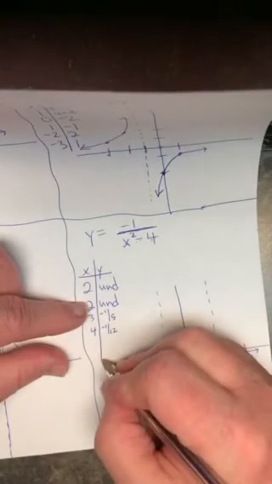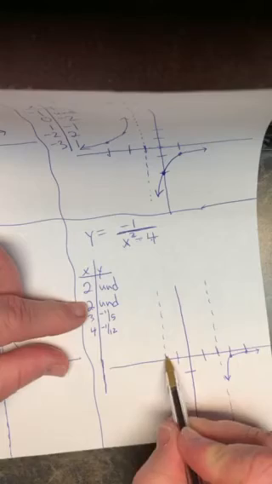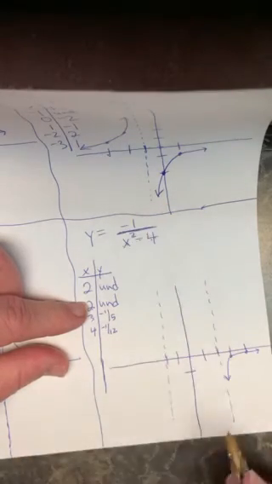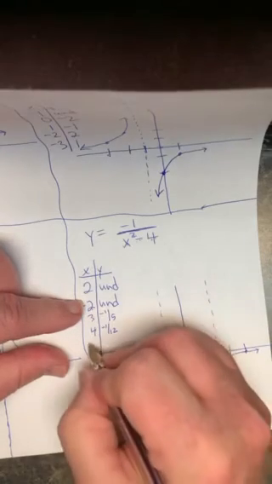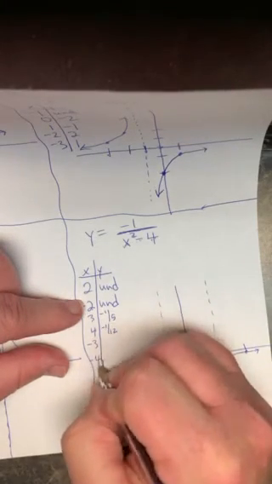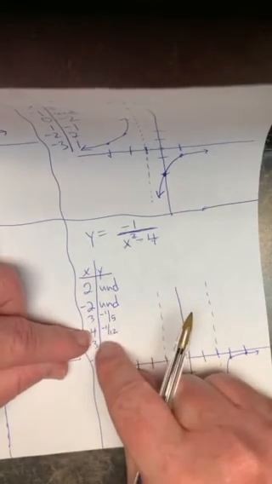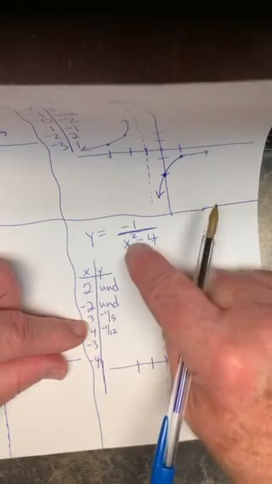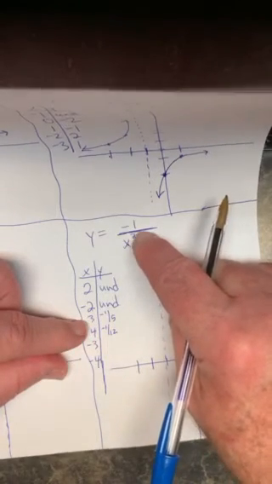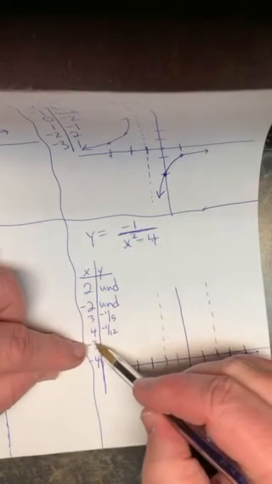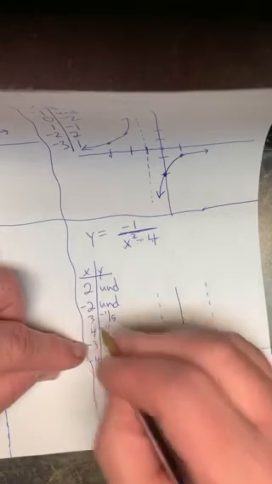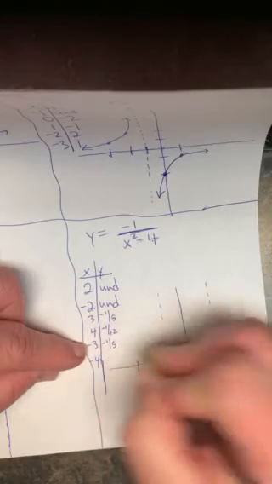And think about it. When I go over here to the left of the other asymptote and plug in negative 3 and negative 4, won't that produce the same two answers that 3 and 4 did? Because they're getting squared anyway. And when you square a negative, it turns into a positive. So guys, negative 3 is going to give you the same answer as 3, which was negative 1/5.